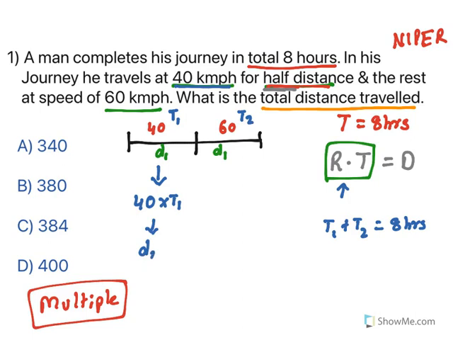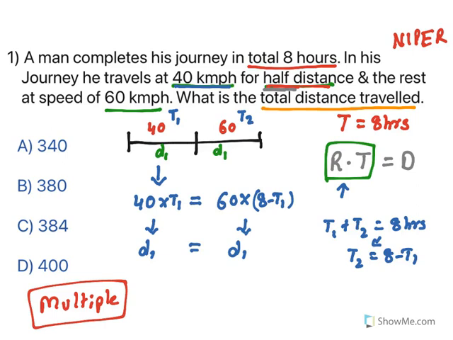The next one: here the rate is 60 multiplied by time. Now, T2 can be written as 8 minus T1, right? You transform this and you will get this. So in place of T2, I can write 8 minus T1. This is also D1. Both of them are equal. That means 40 multiplied by T1 equals 60 multiplied by 8 minus T1.